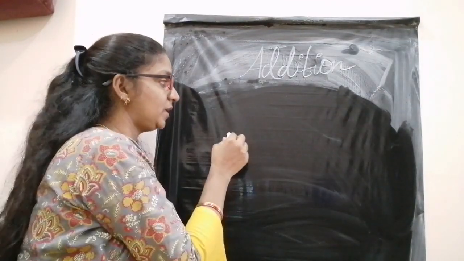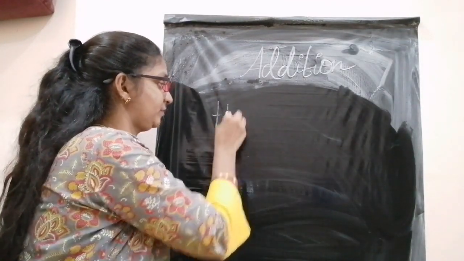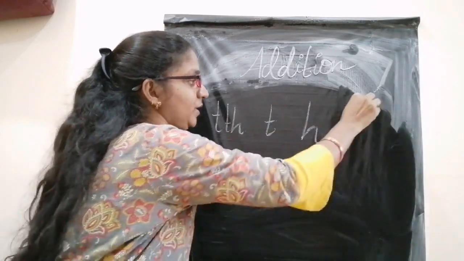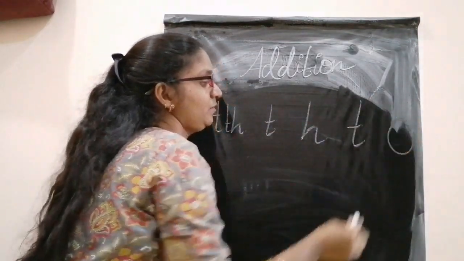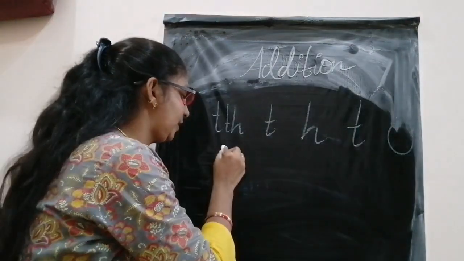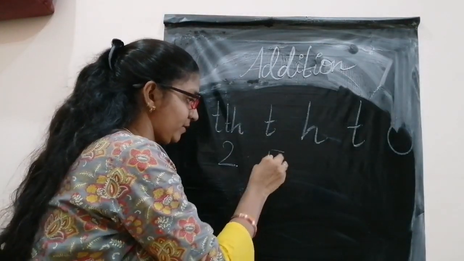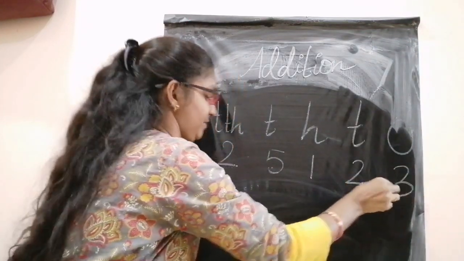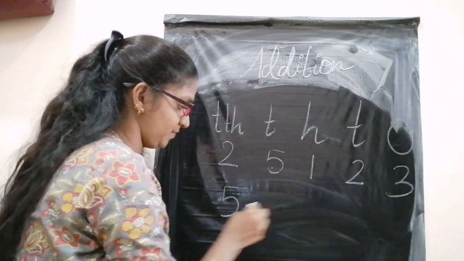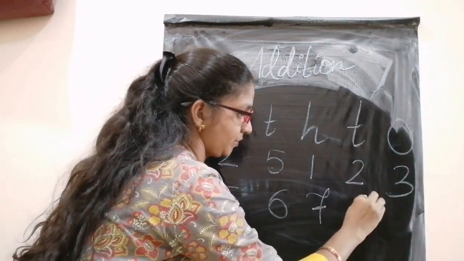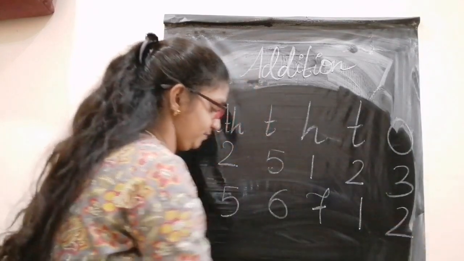For a 5-digit number, we should take ten thousands, thousands, hundreds, tens and ones. Then we take 25123 and 56712.